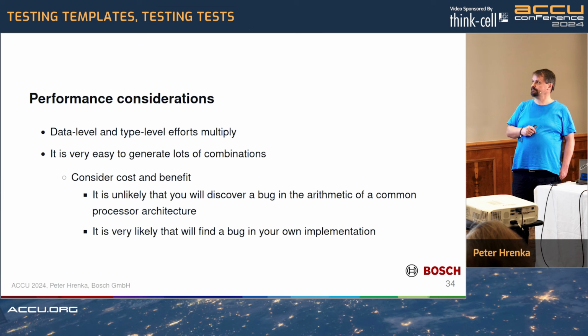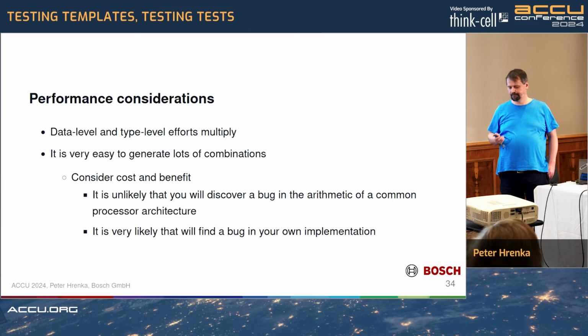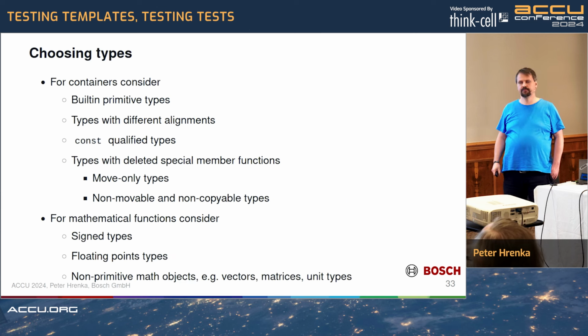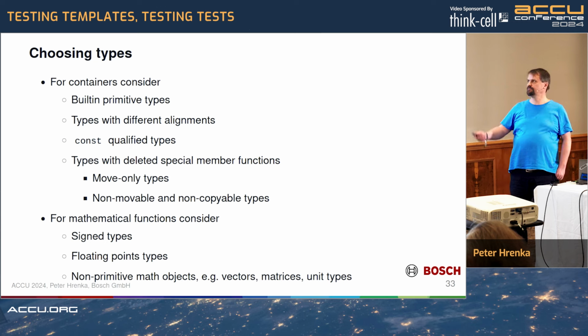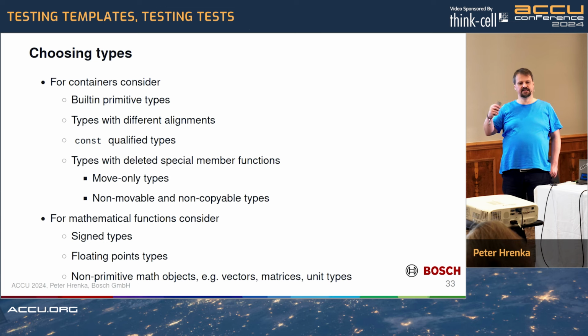Okay, now there's a question. What is the motivation behind testing types with different alignments? Yeah, we had issues with containers holding differently aligned types. The alignment rules are not very strict, and some strange platforms have strange rules.